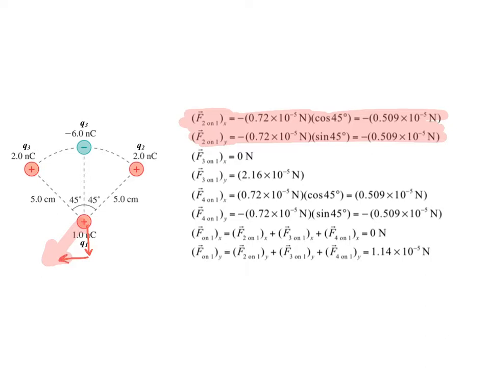Both are negative. These negative signs here come from the fact that it's quadrant 3. We could just write root 2 over 2, because cosine and sine of 45 are just that value. But we'll be explicit here. And so those magnitudes are equal, the x and the y parts.